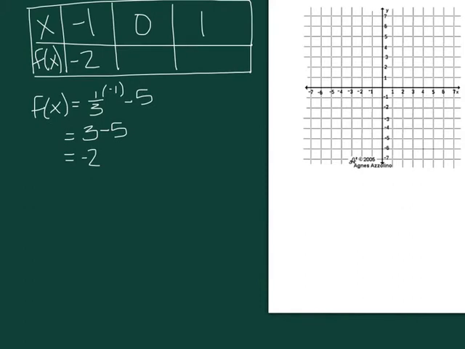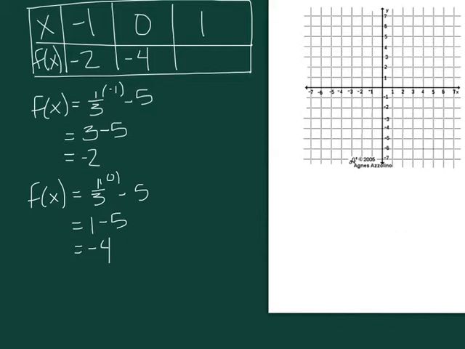If we have f of x equals 1/3 to the 0 minus 5, anything to the 0 power is 1. 1 minus 5 is a negative 4. So when x is 0, y is a negative 4.